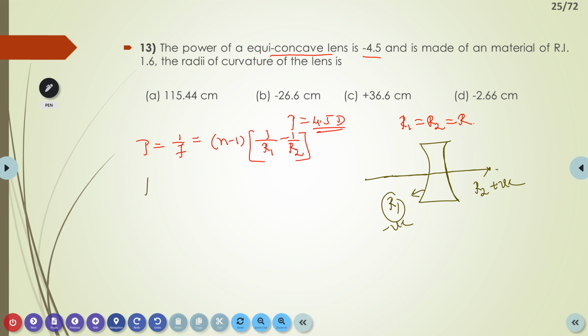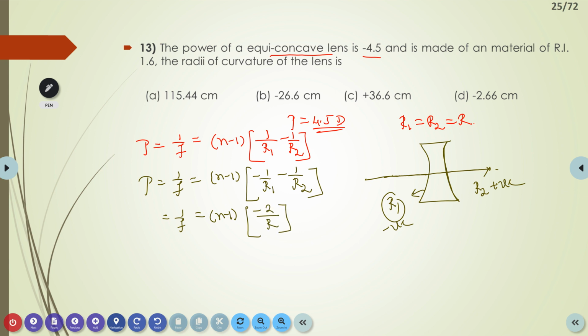I will modify this equation. Power equal to 1 by F equal to (N minus 1) into bracket minus 1 by R1 minus 1 by R2. I am right. So that 1 by F equal to (N minus 1) into bracket minus 2 divided by R. Now substitute the values.